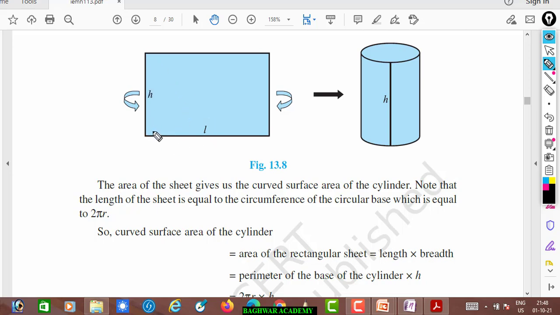Suppose this length you are assuming L, and this height you are assuming H. If you want to find out the area of this rectangle, how will you find it out? The simple area of a rectangle is length into breadth. Here you have assumed length as L and breadth as H. So this is simply LH.